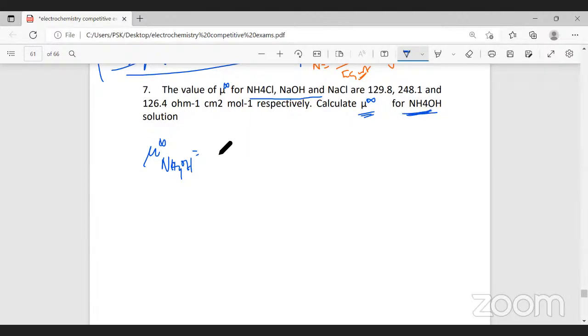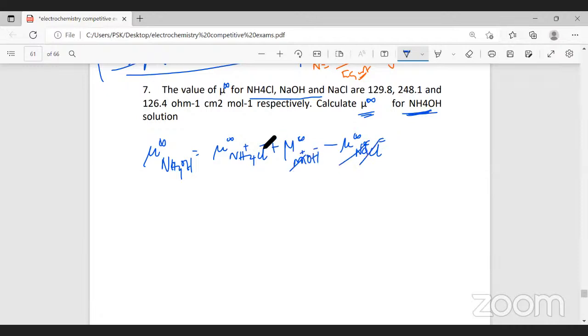So I can write it as molar conductance of ammonium chloride at infinite dilution plus molar conductance of sodium hydroxide at infinite dilution minus molar conductance of sodium chloride at infinite dilution. What happens? Now this is Na+ Cl-, and Na+ OH-. So this Na+ and this Na+ will get cancelled.